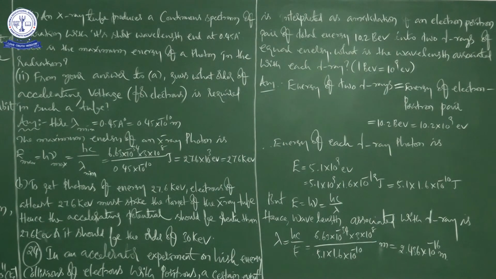What is the wavelength associated with each gamma ray?